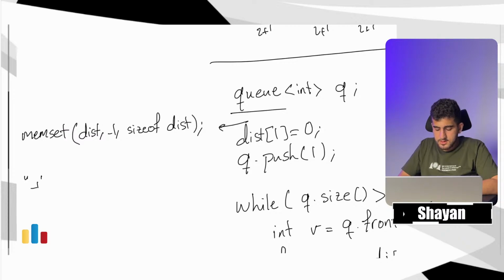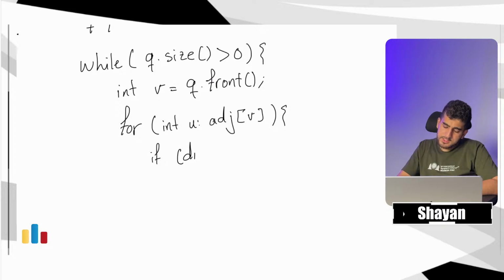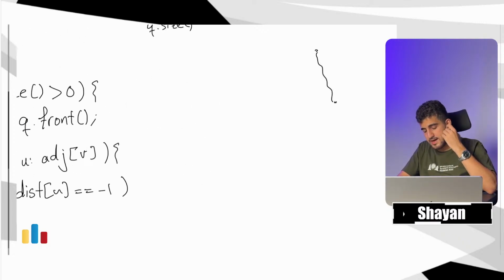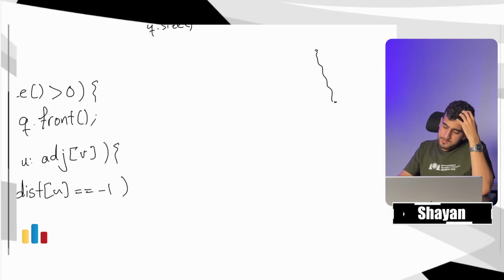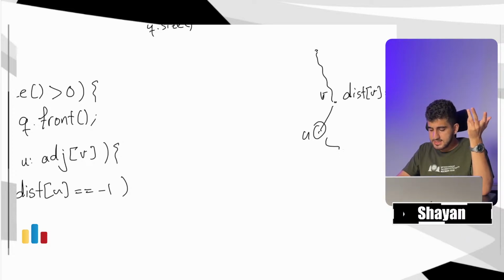And -1 means undefined. I don't know their distances yet. So if the distance of u was -1, it means that it is undefined yet, like it was not good enough to have distances at most I. So if this is vertex v and dist of v is equal to I, and I have a u whose distance I don't know yet, then its distance is going to be I plus 1, the distance of v plus 1.